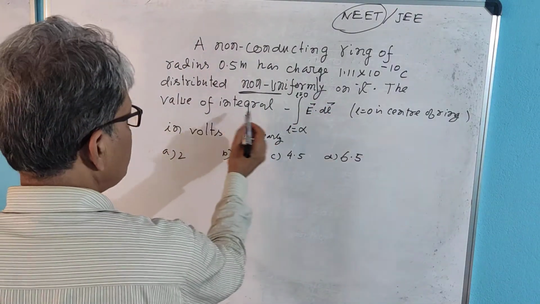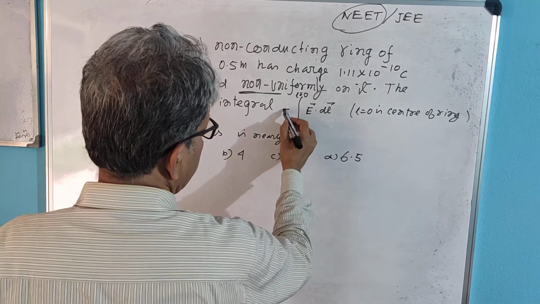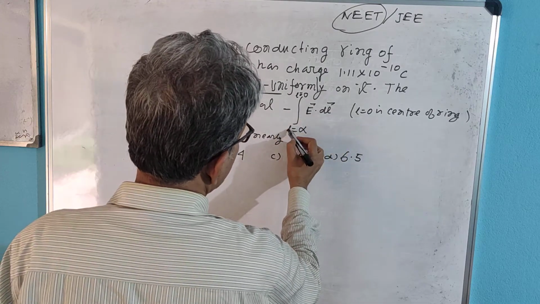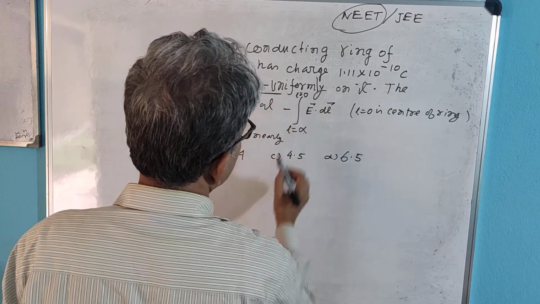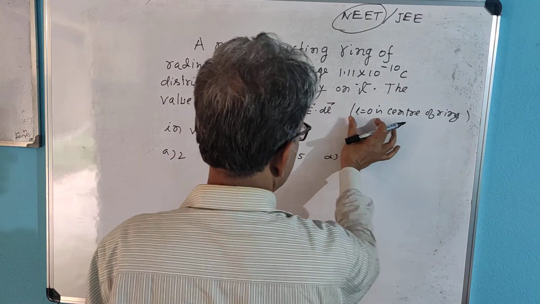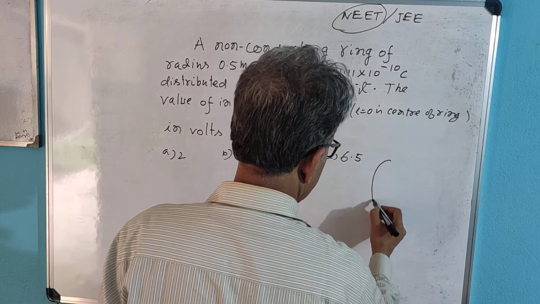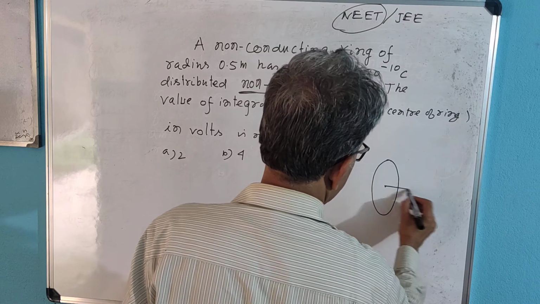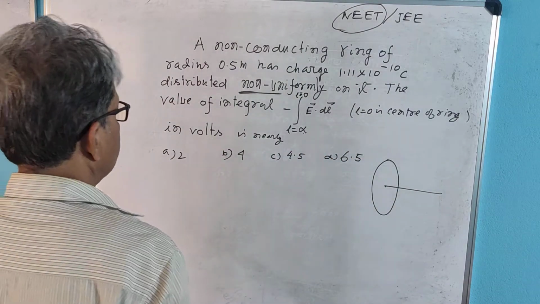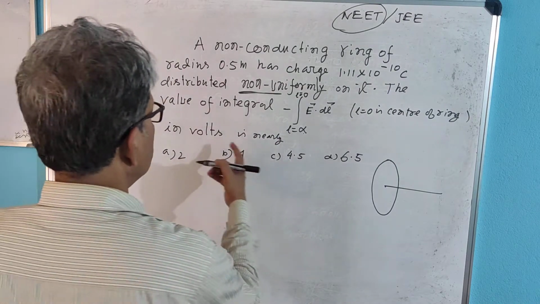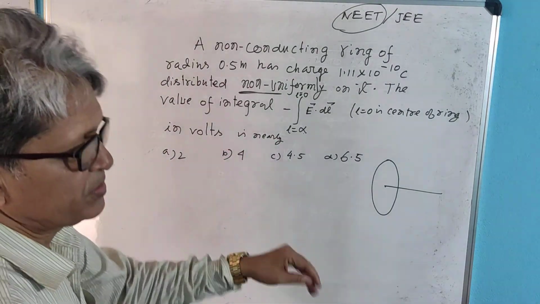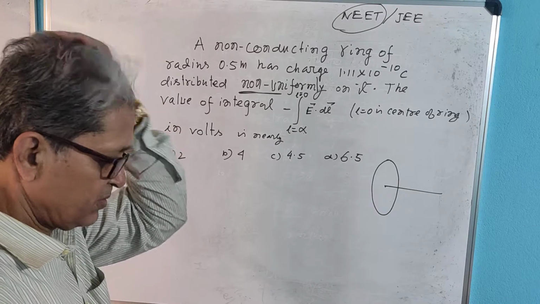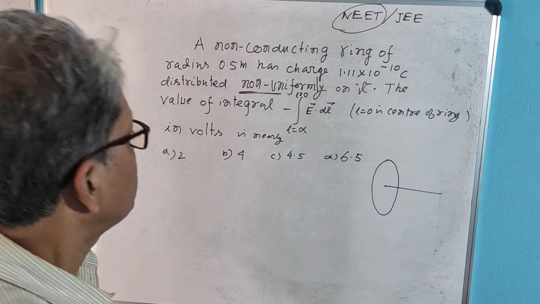The value of the integral of minus E dot dl from infinity to 0 is to be found, where 0 means the center of the ring. Four options are given. This is a slightly tricky problem.